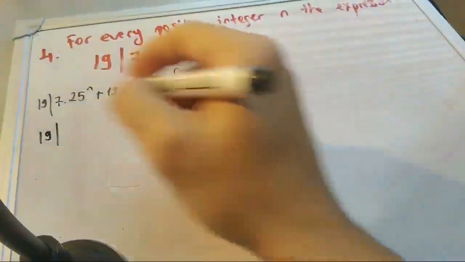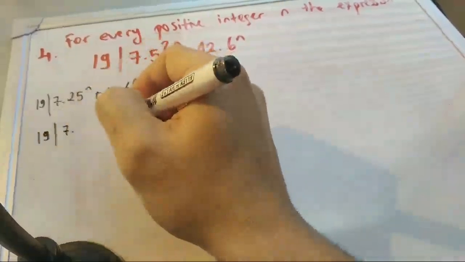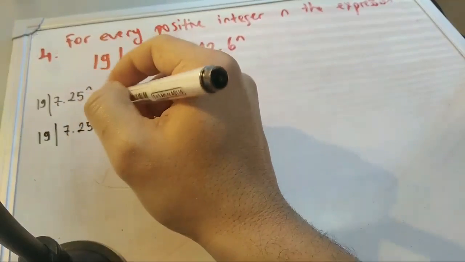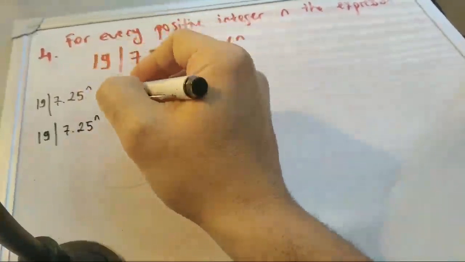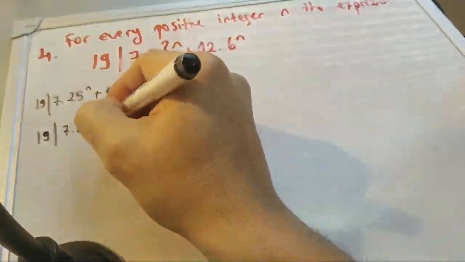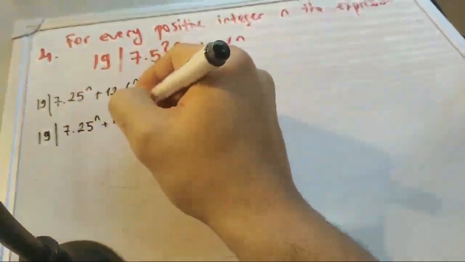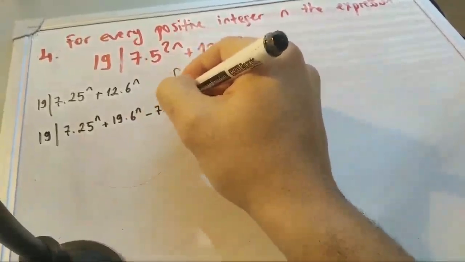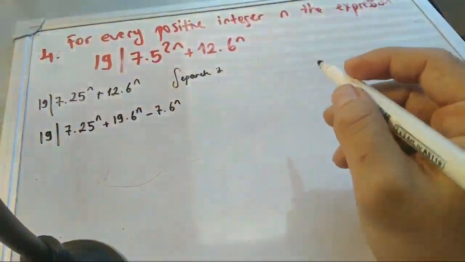So 19 divides 7 times 25 to the power of n. Instead of 12 times 6 to the power of n, we write 19 times 6 to the power of n minus 7 times 6 to the power of n.